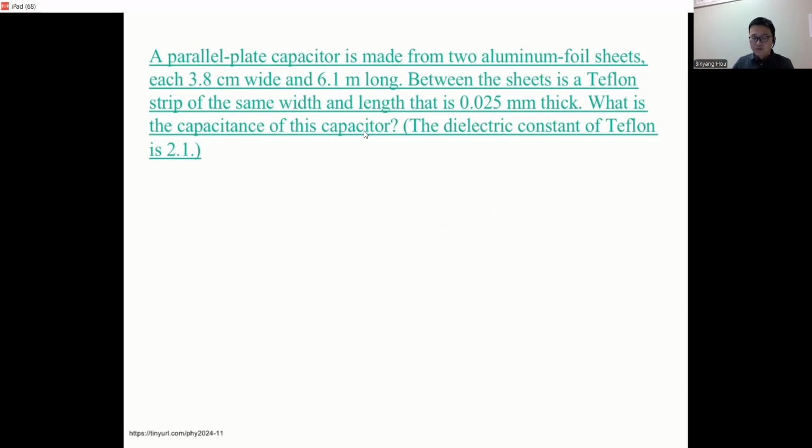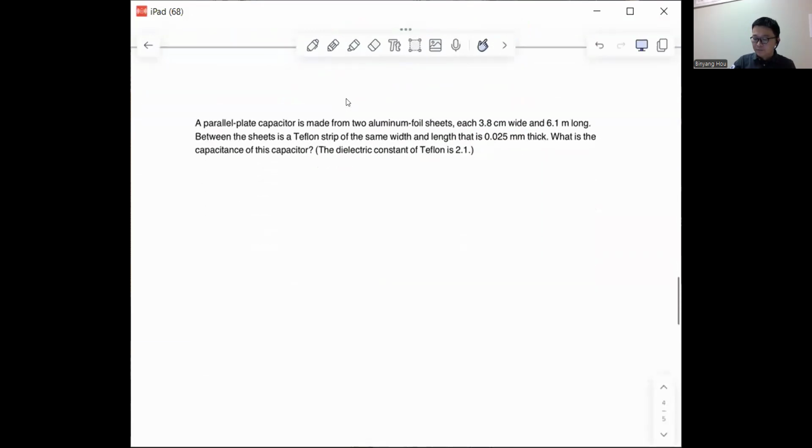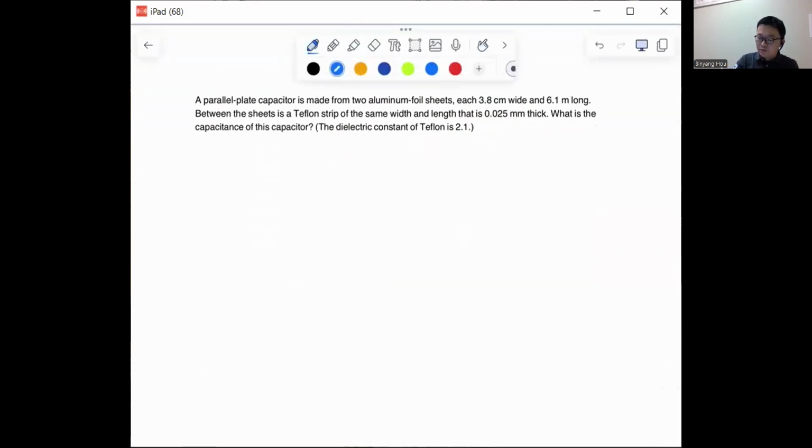Okay, so without the dielectric, we know that C is equal to epsilon naught times A over D. And with dielectric, we just multiply by kappa.